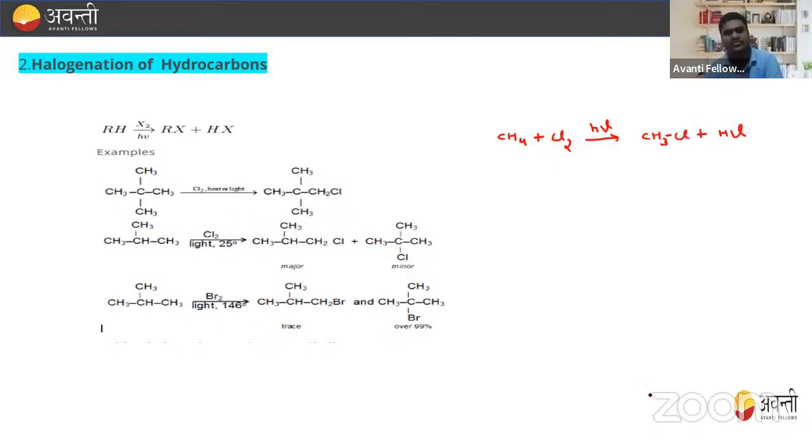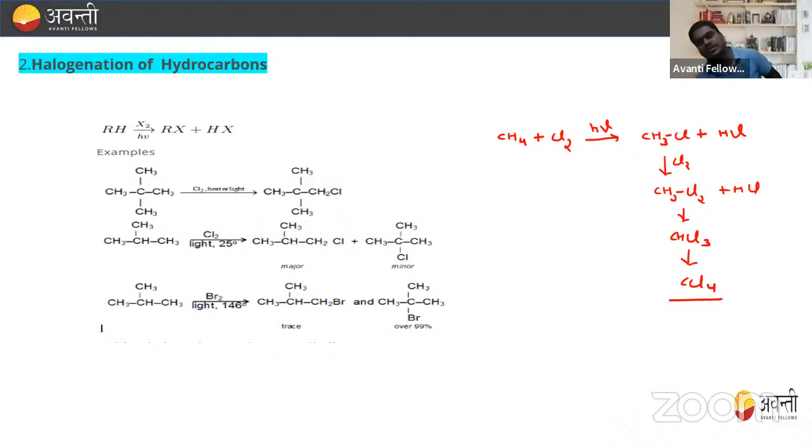But the limitation of this reaction is that it cannot be stopped at one level. It further reacts with Cl2, and CH2Cl2 will be formed, again HCl will be removed. Again this will react to give us CHCl3, and in the next step it will give CCl4. So the reaction continues till all hydrogens are consumed.